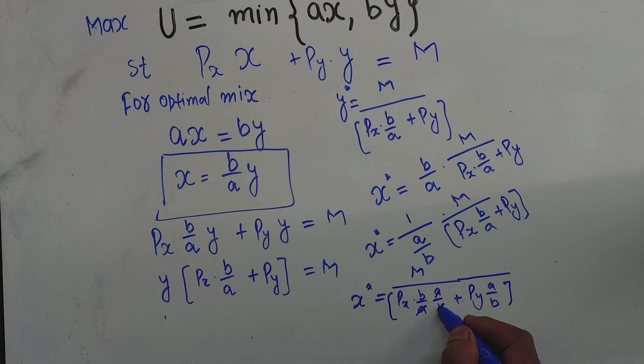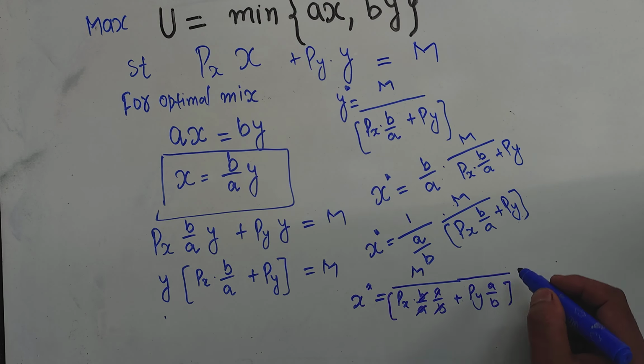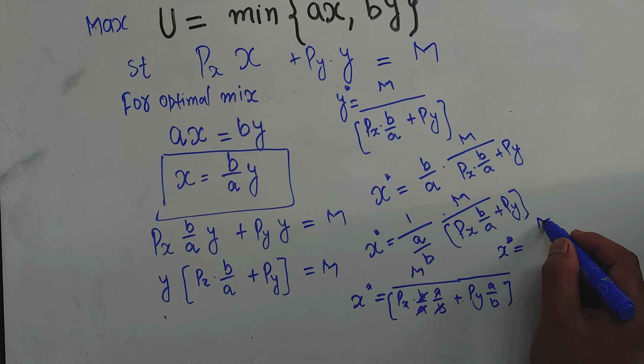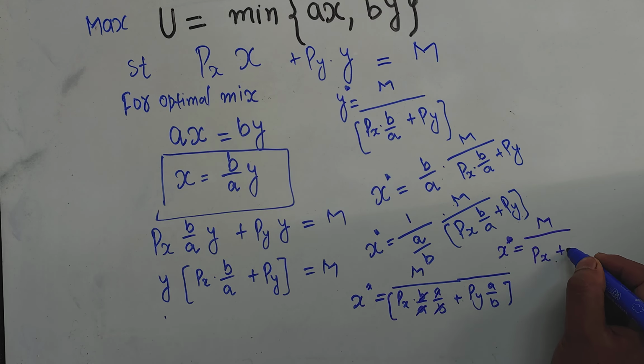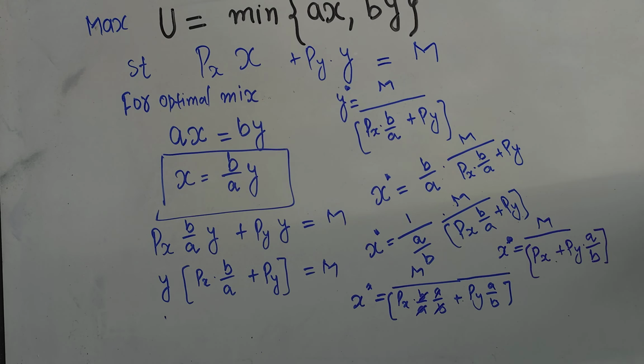Here a, b, b get cancelled. That means the demand function for good x will be equal to the total income upon (price of good x plus py times a upon b). This is how we derive the demand function when we have the Leontief utility function.